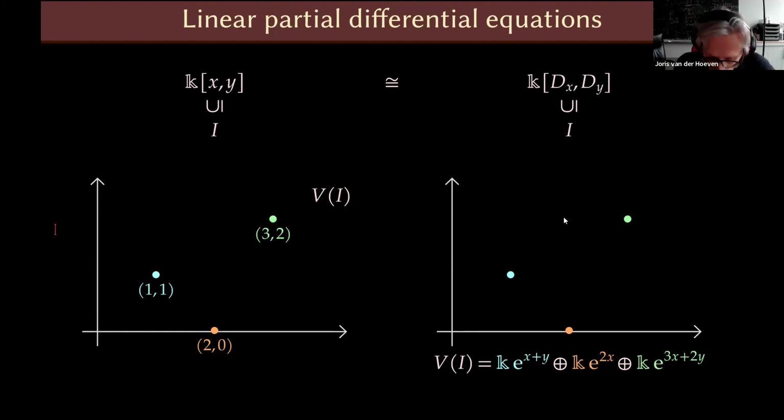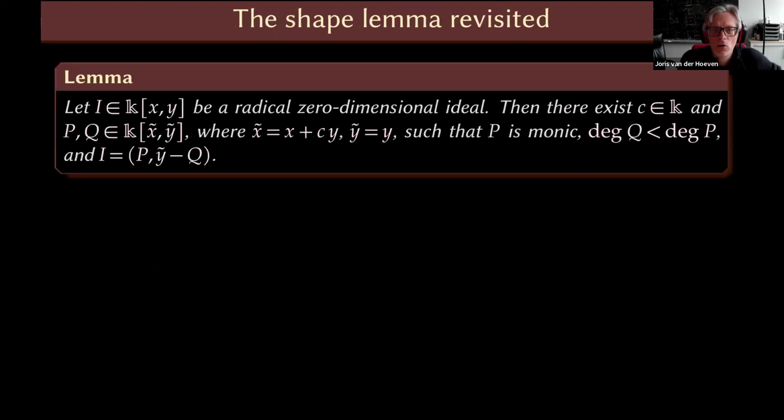Anyway, let's continue. So returning to the shape lemma, it stated that if we take a radical zero-dimensional ideal, we can always find a simple change of coordinates, after which the ideal can be put in shape position, with these polynomials p and q, such that the ideal is written like this.